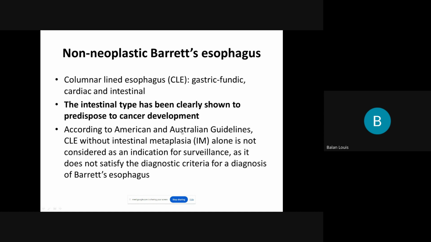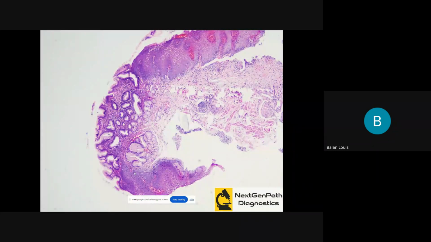According to the American and Australian guidelines, columnar lining esophagus without the presence of intestinal metaplasia alone is not considered an indication for surveillance, as it doesn't satisfy the diagnostic criteria for Barrett's esophagus. Whereas the definition in the UK is quite different.